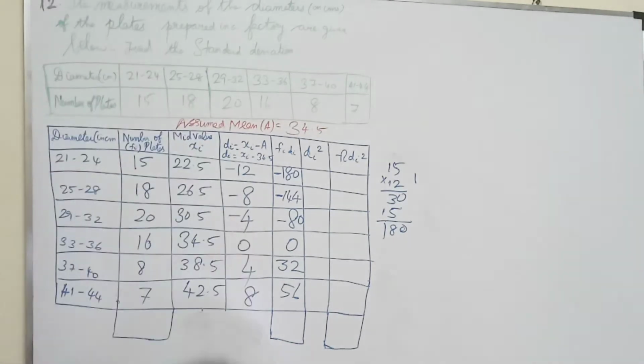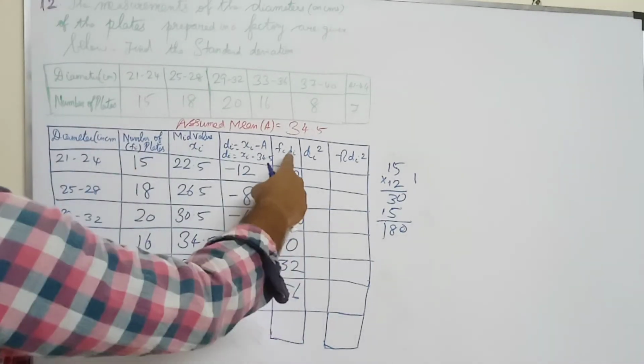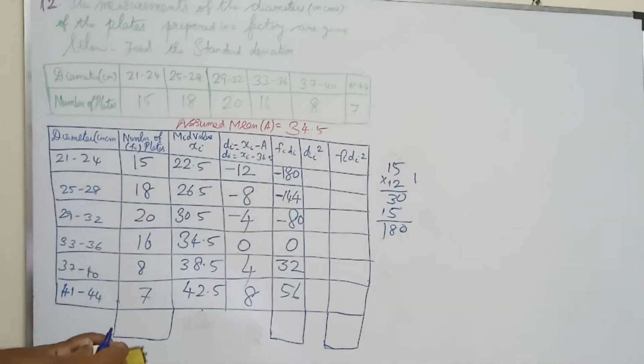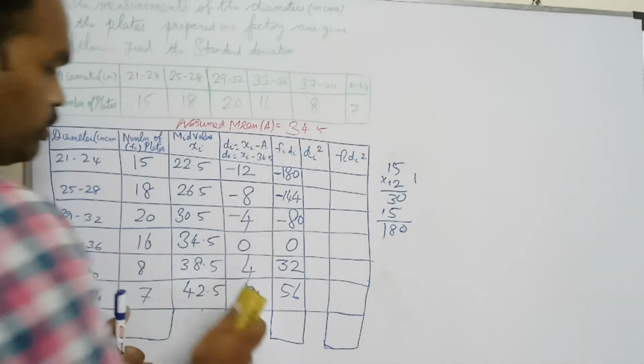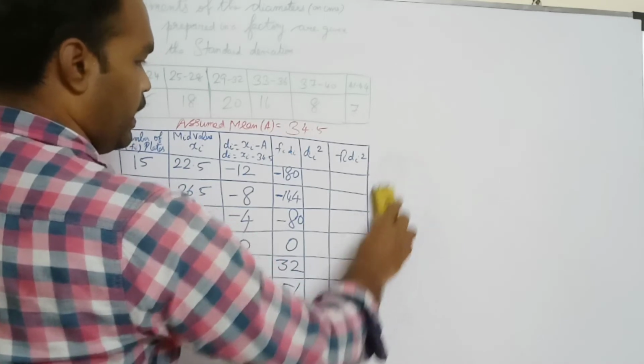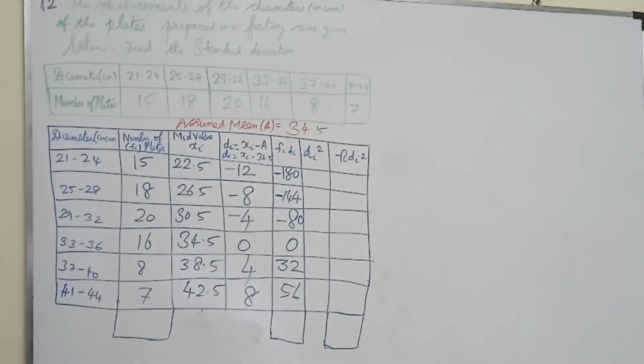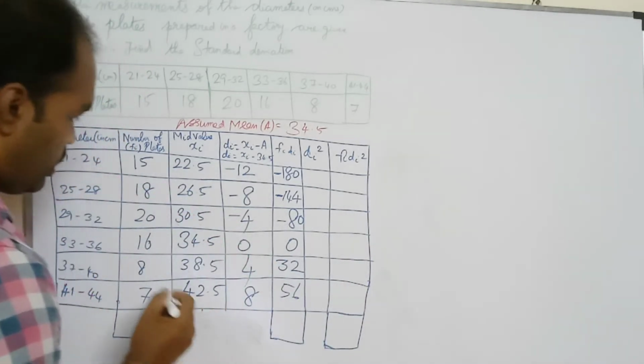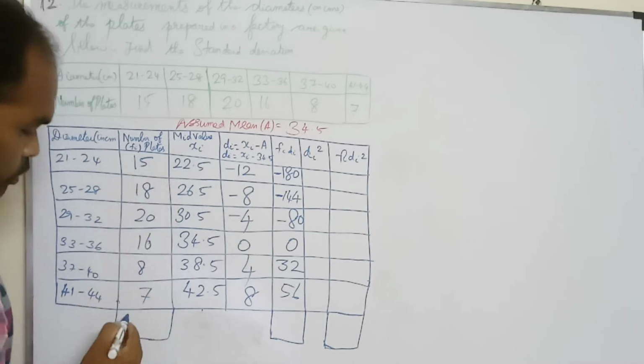So now we need to do the calculation. We need to add these values. While we are adding these values, we need to find out the sigma Fi di. So now, these values also we need to add.